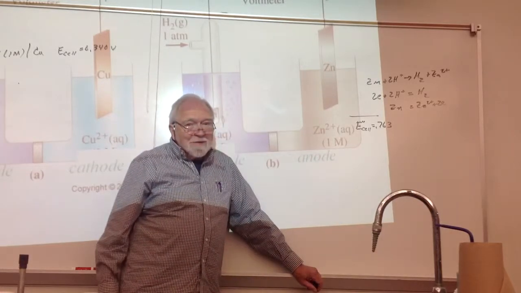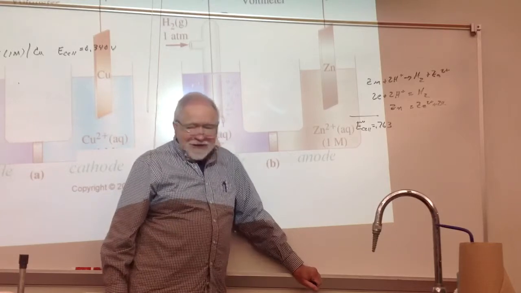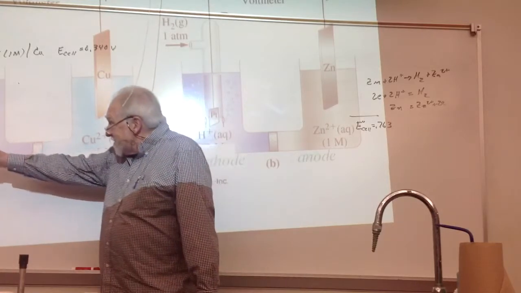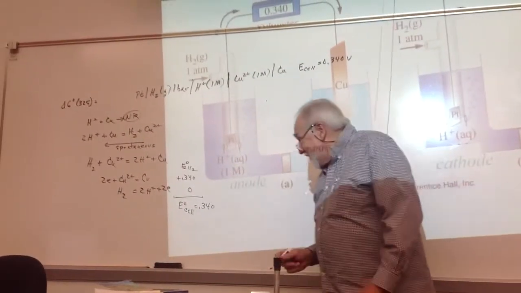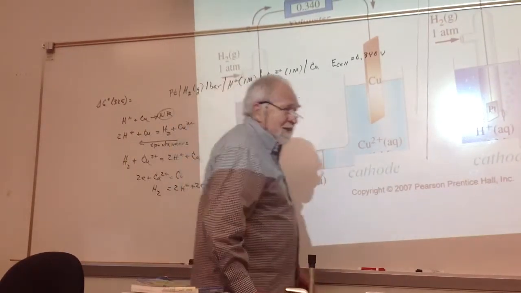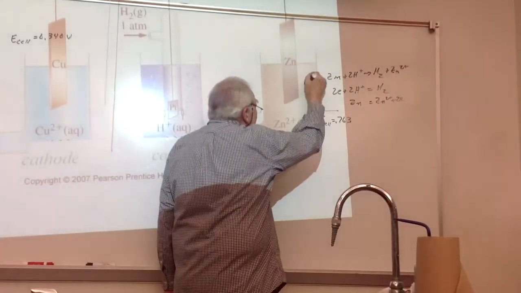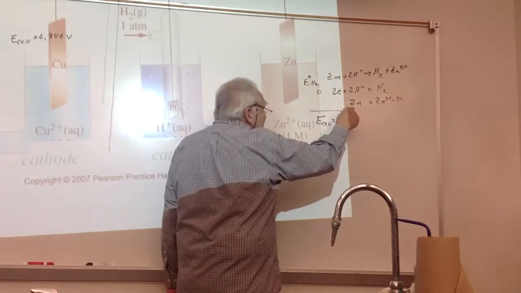E0 cell is 0.763. If the hydrogen was 0 going in this direction, what's the hydrogen if you reverse it? 0. What's this one going to be?